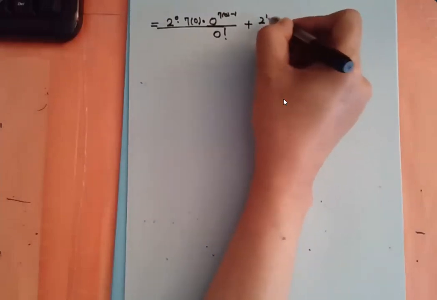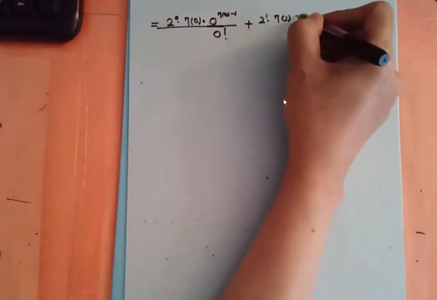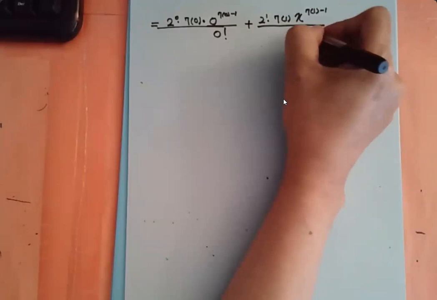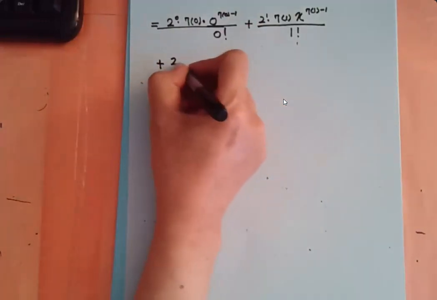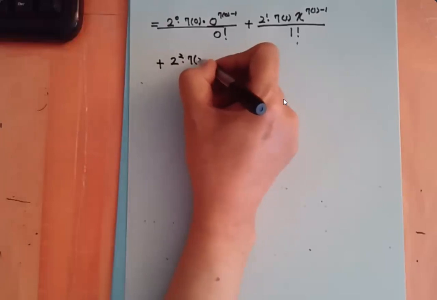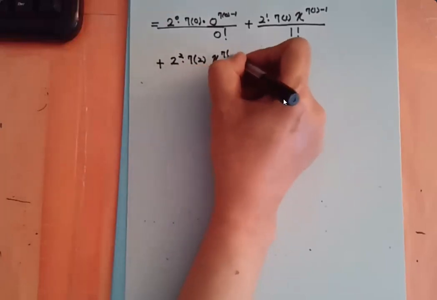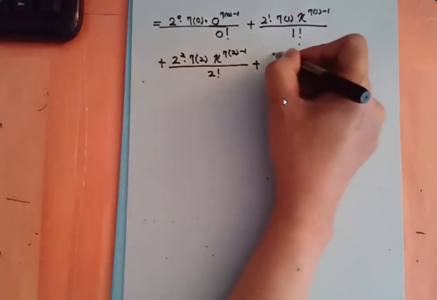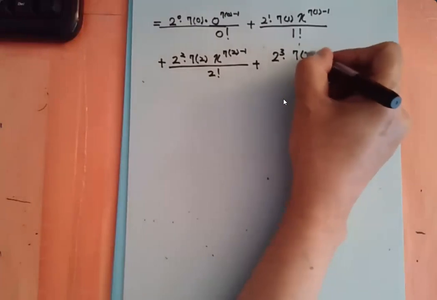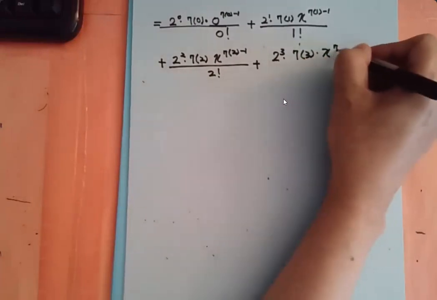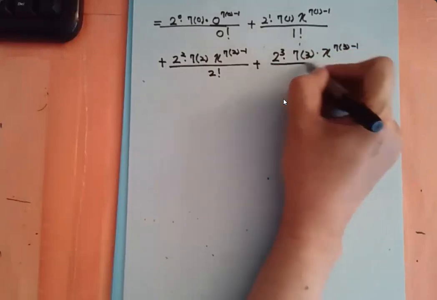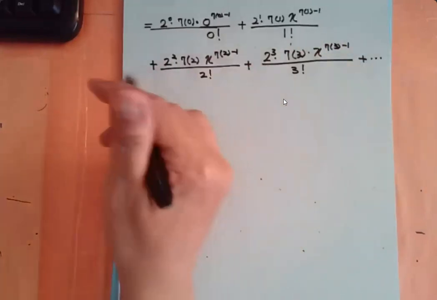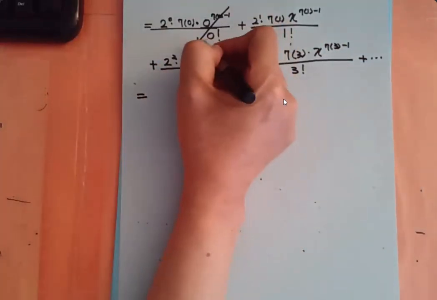Plus 2^1 times 7 times 1 times x^(7*1-1) over 1 factorial, plus 2^2 times 7 times 2 times x^(7*2-1) over 2 factorial, plus 2^3 times 7 times 3 times x^(7*3-1) over 3 factorial, plus and so on. So the first one will vanish.